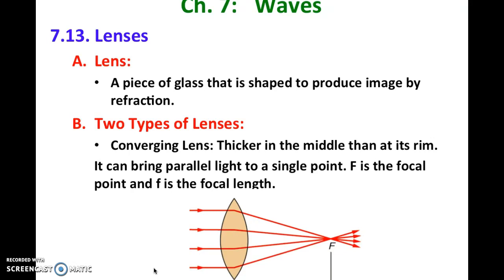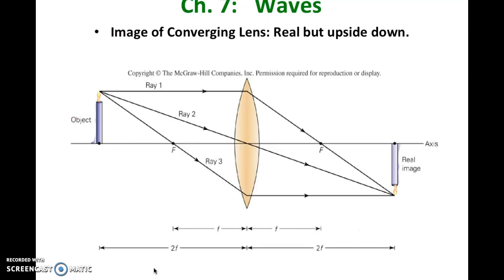It can bring parallel light to a single point F called the focal point. The distance from the lens to the focal point is called the focal length. The image of a convergent lens is usually real, but upside down.